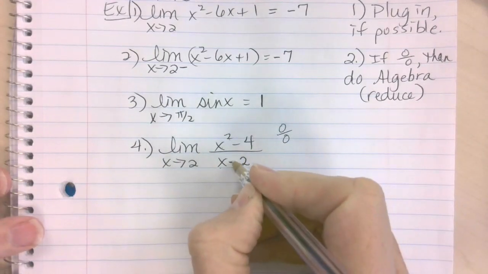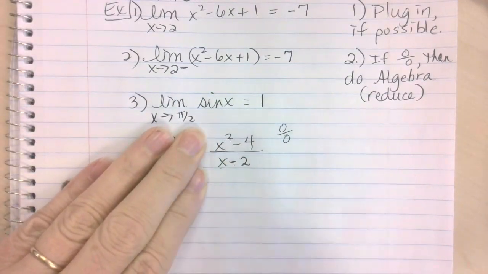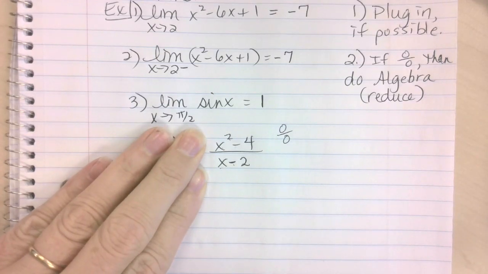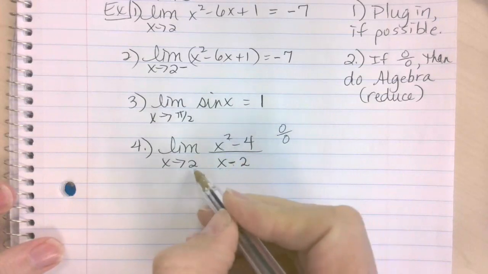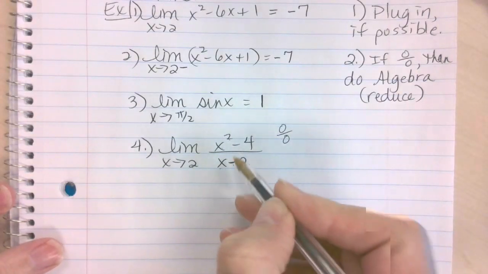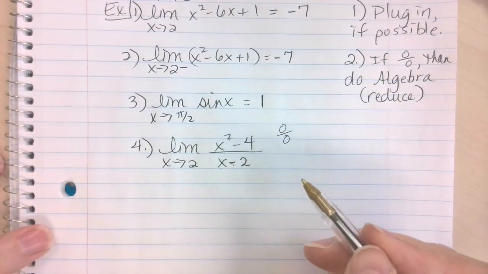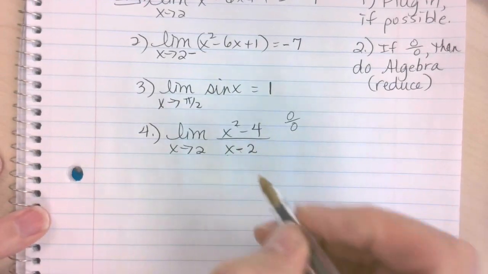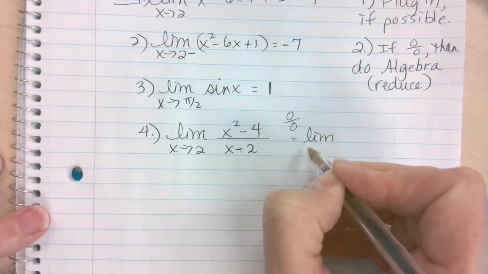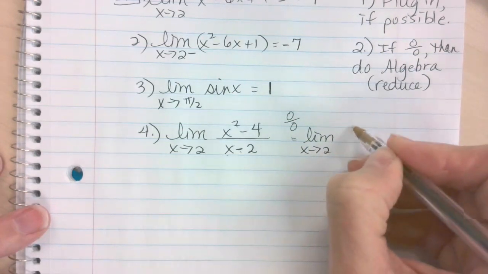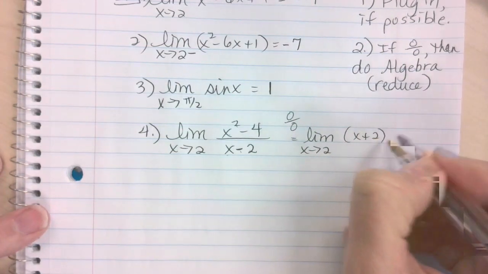And in fact, if I were looking for just f of 2, I would have to say f of 2 is undefined, right? But it doesn't matter what happens exactly at 2. What matters is to the left and the right of 2. And so do some algebra means let's rewrite it and let's factor if at all possible.